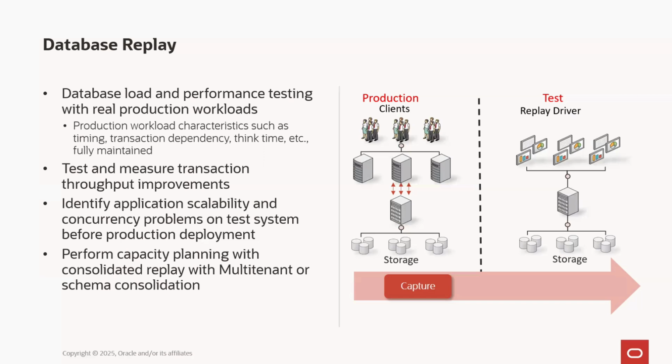So when you enable the capture for database replay, there is an overhead to your production database. And the overhead is around 3% in total, right? So we're talking about 3% overhead just by enabling the capture. But the problem is that if you have a slow file system for those capture files, that can increase, right?